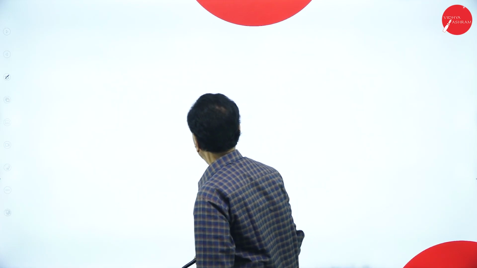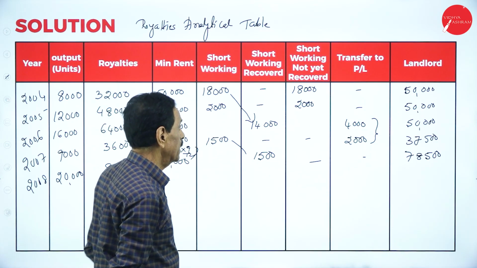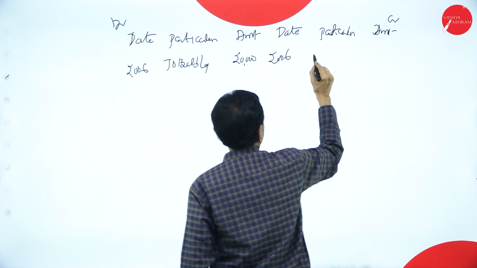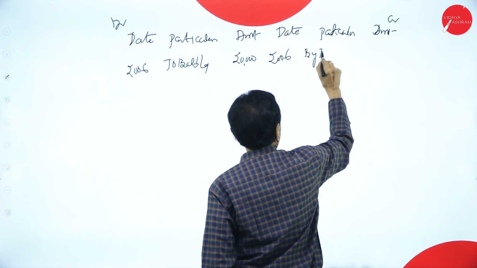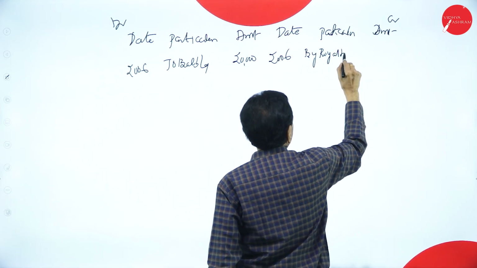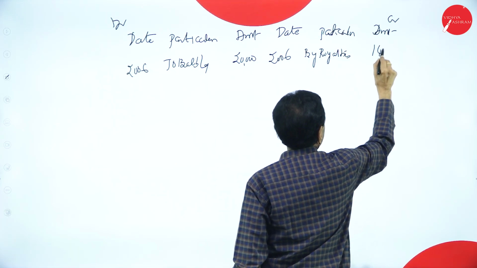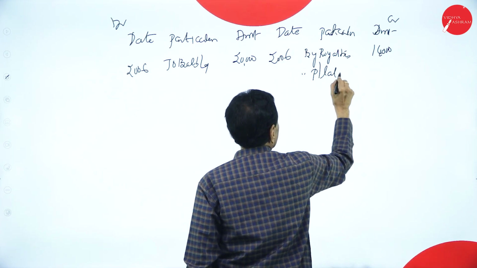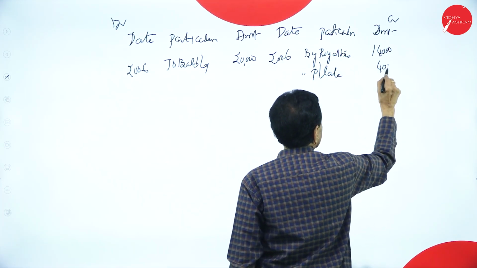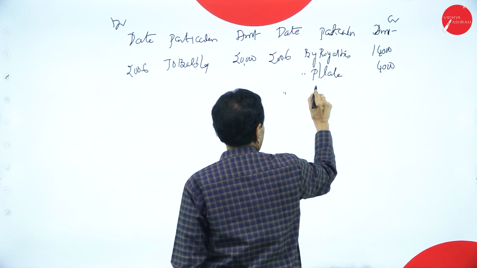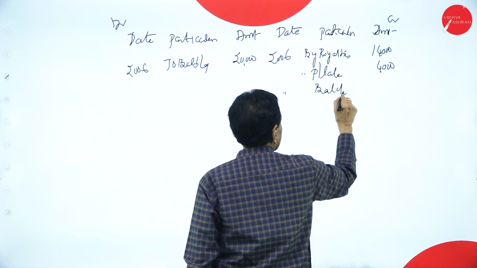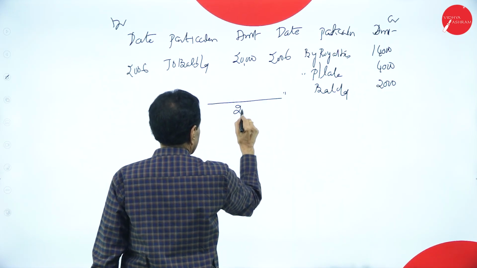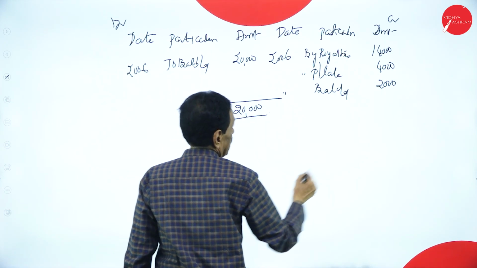How much recovered? 14,000. How much could not be recovered? 4,000. 2006 by royalties, recovered 14,000. How much transferred to profit and loss account? 4,000. Still balance carried down 2,000. 20,000.